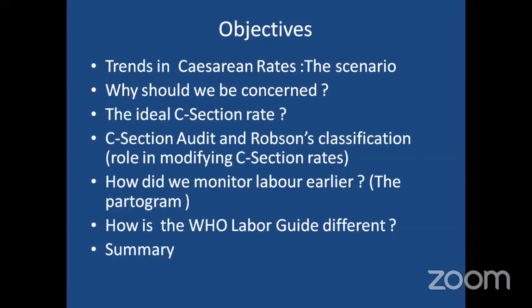Number four, Caesarean section audit and Robson's classification and its role in modifying C-section rates. Number five, how did we monitor labor earlier? Of course, the Partogram. Next, how is the WHO labor guide different from this Partogram? And of course, at the end, I would like to summarize whatever I've been through the whole session.